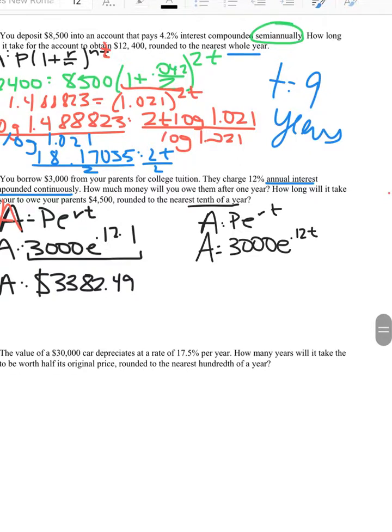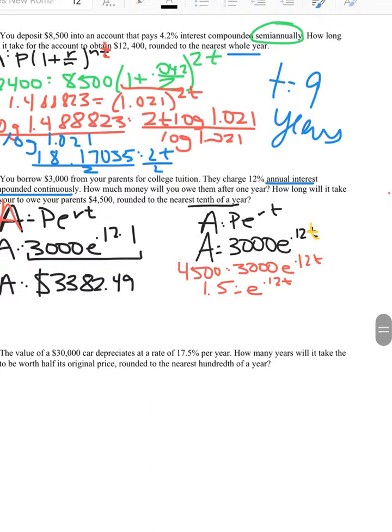Okay, so this time though you're looking for T. So this time you're going to need logs. So you're going to plug in 4,500 equals 3,000 e to the 0.12 t. Divide by 3,000, you get 1.5 equals e to the 0.12 t.